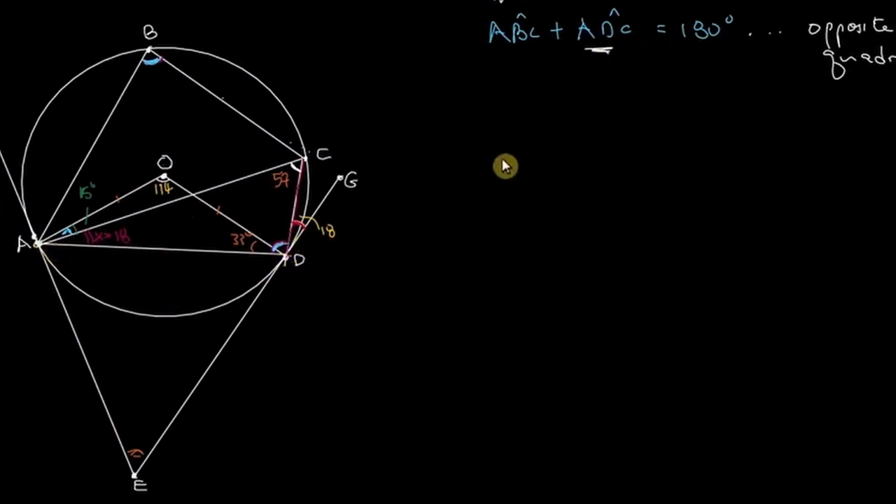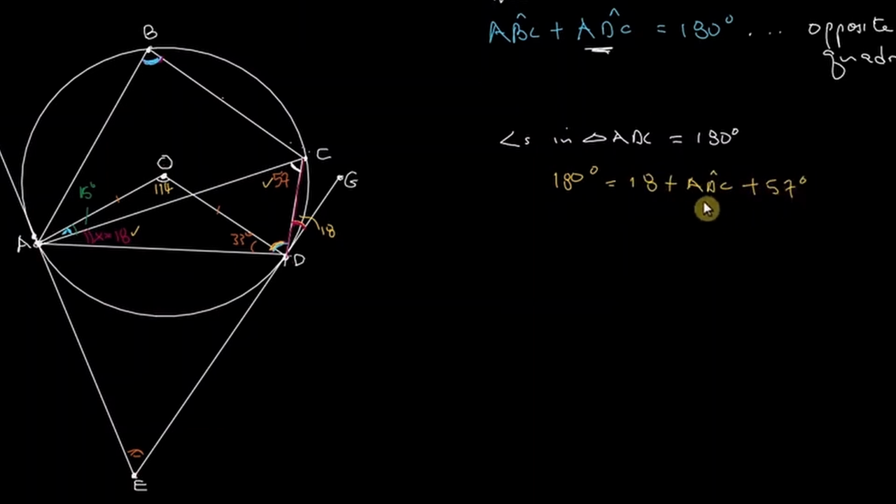Well, first let us recognize that angles in triangle ADC must add to 180 degrees. Therefore, let's identify the angles in triangle ADC. So this is this angle, and the unknown that we're trying to find. So we could write that 180 degrees, angles in the triangle, must be equal to 18 degrees plus the unknown angle we're interested in, plus 57 degrees.